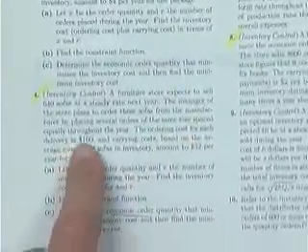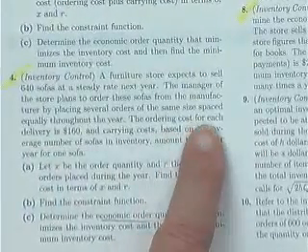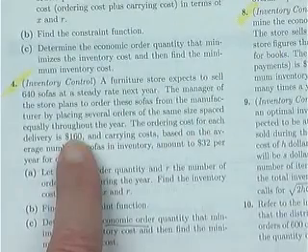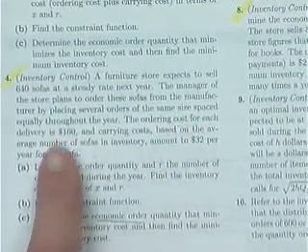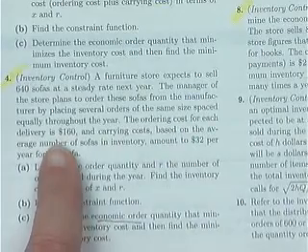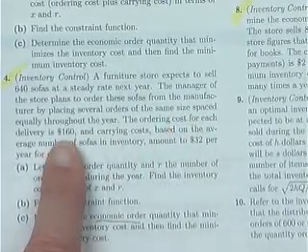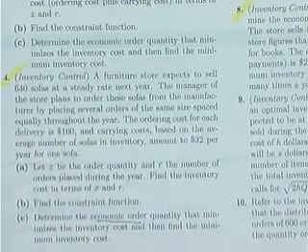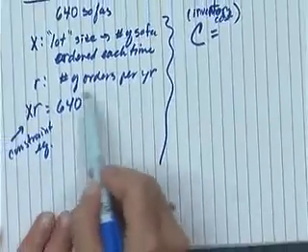The ordering cost for each delivery, every time you order, it's going to cost me $160. If I ordered once that year, it's $160. If I order twice that year, it's going to cost me $320. What are my symbols going to be that represents that?